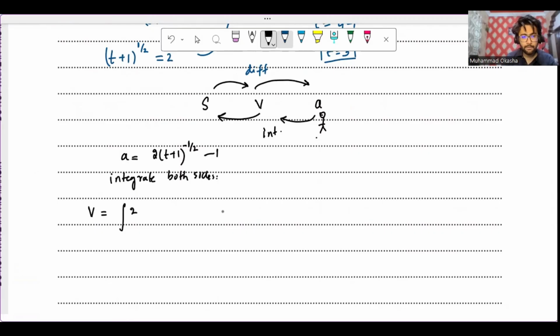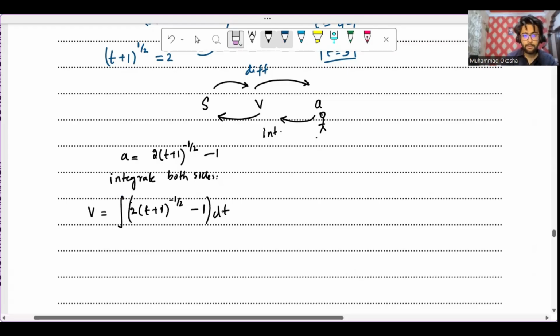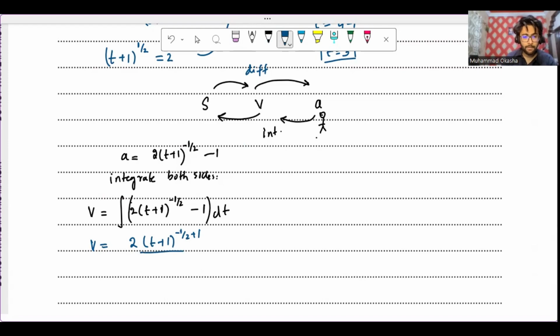Let's integrate this side, 2 times (t plus 1) to the power negative a half minus 1, dt. So if I integrate it, I'm going to get 2 times (t plus 1) to the power negative a half plus 1, divided by negative half plus 1, minus, if I integrate 1, I'm just going to get t, plus c.